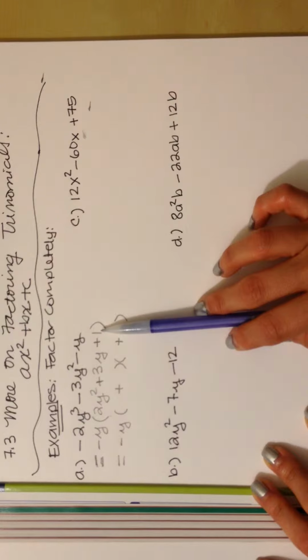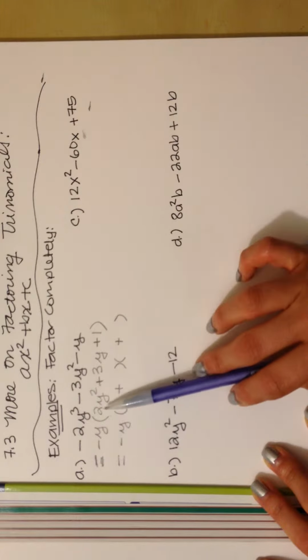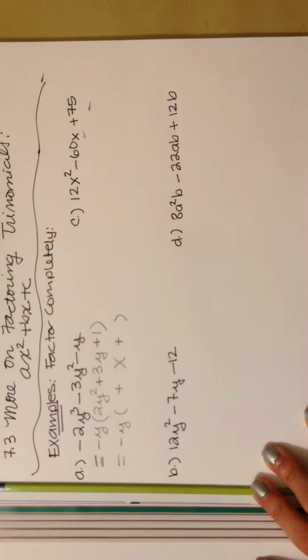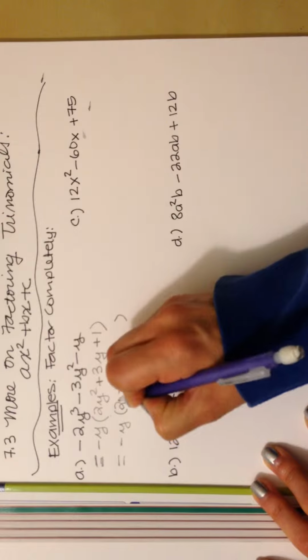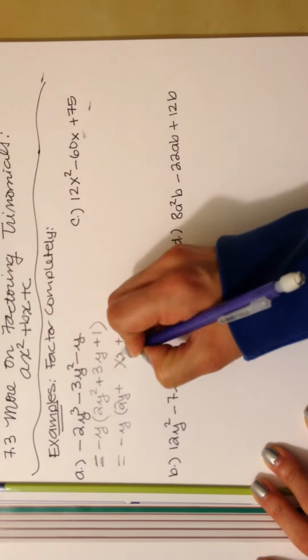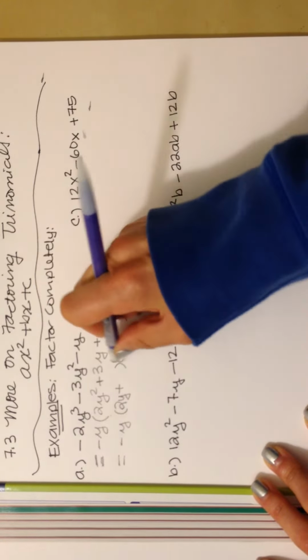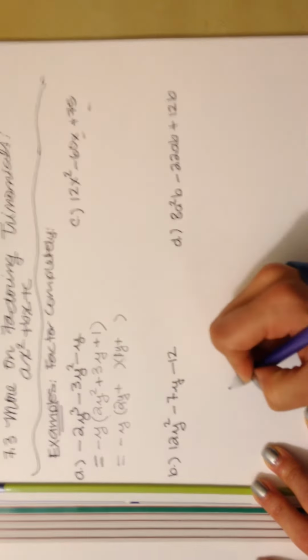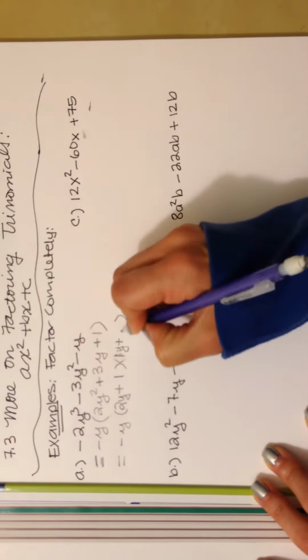In this case, it's pretty straightforward. The only factors of 2 would be 1 and 2. The only factors of 1 would be 1 and 1. So let's try 2y and 1y. You can just write y and then 1 and 1.